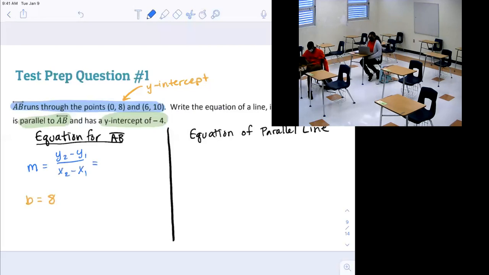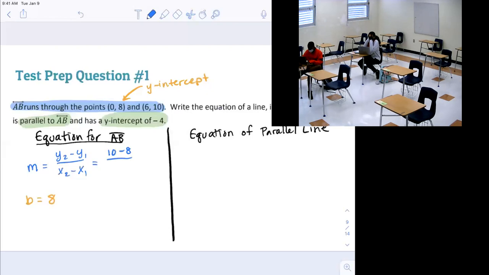So I'm going to plug in the values from the 2 points that they give me. What's my y2 going to be? Good, 10. So I have 10 minus 8 over, make sure it's consistent, Tyrone.